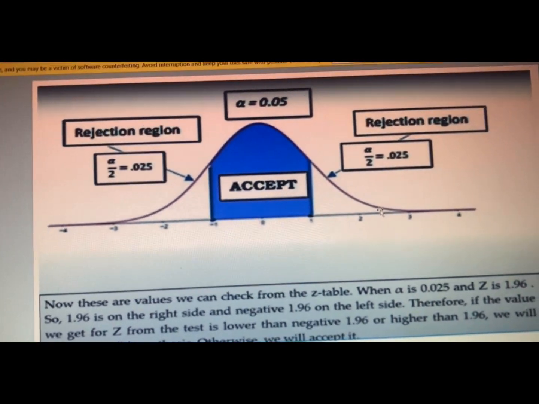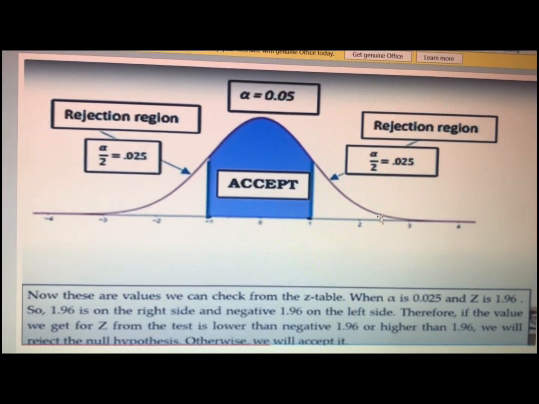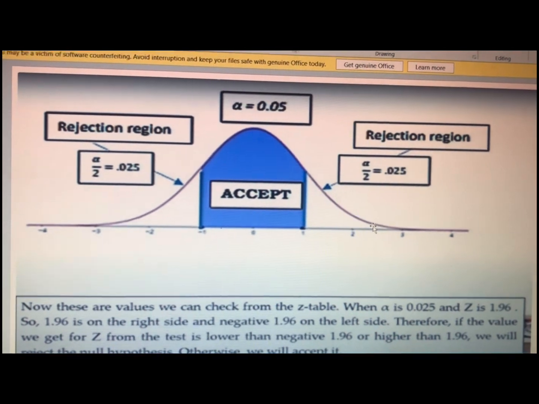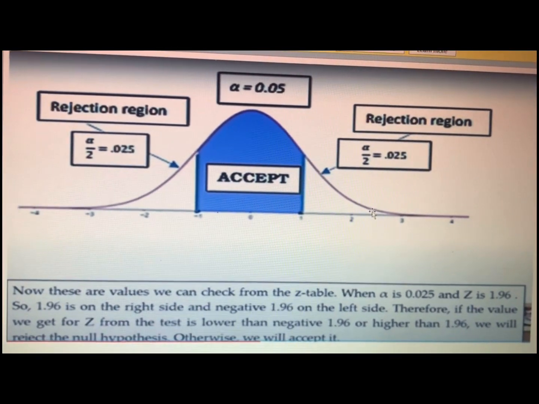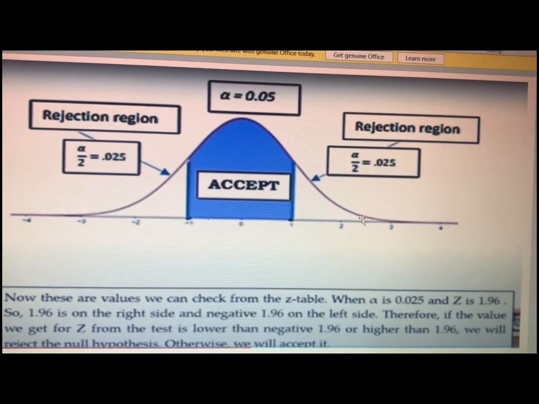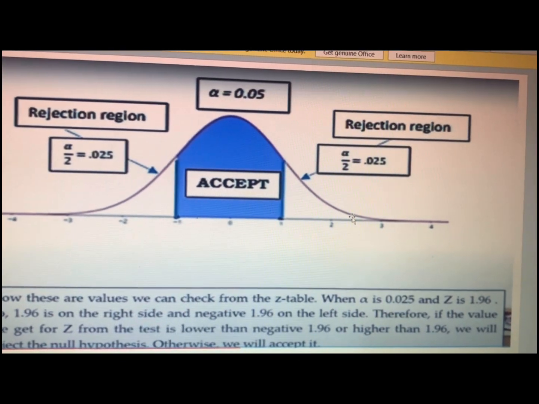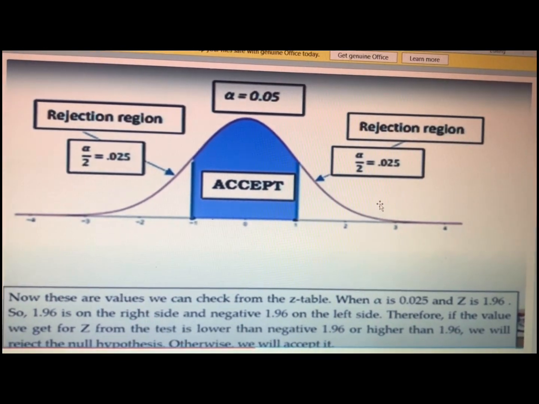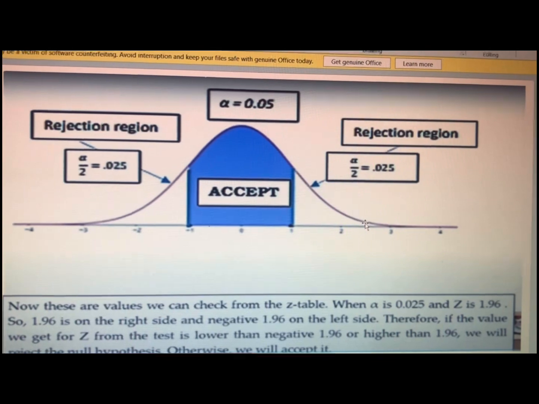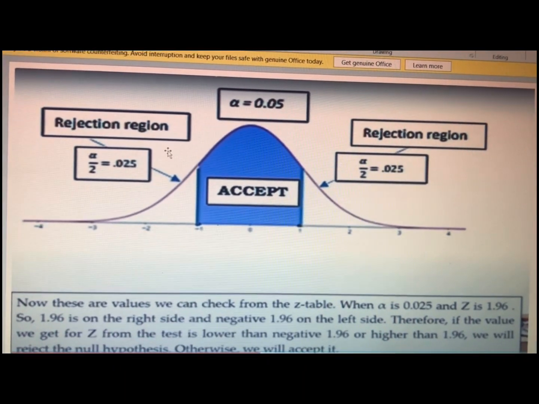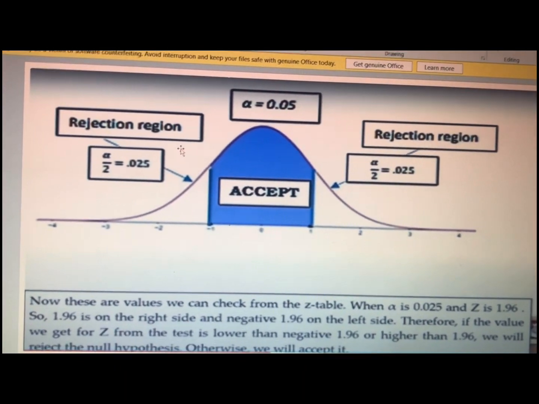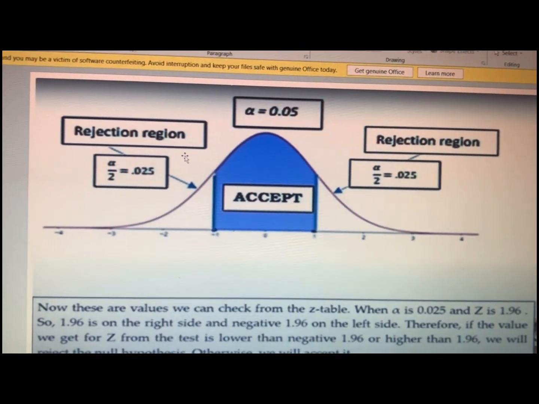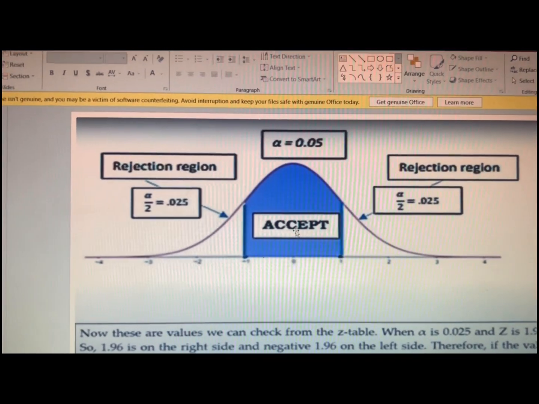Otherwise, we will accept it. Therefore, kapag ang ating na-compute na z value is lower than negative 1.96 or higher than 1.96, halimbawa 2.5, therefore, we reject the null hypothesis. Otherwise, or the opposite, we have to accept.